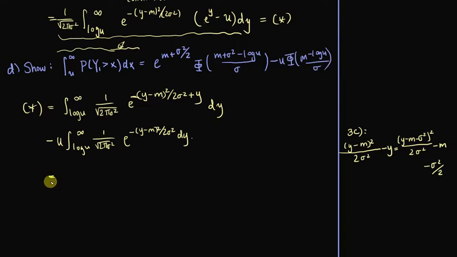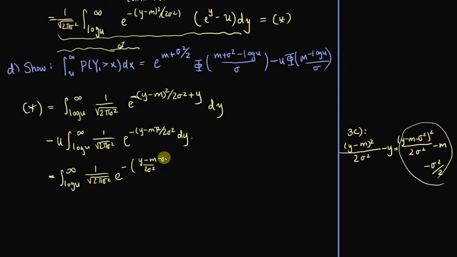Okay, so what are these two different things equal to? Well, first of all, we can notice that we can rewrite the exponent in the first integral. So in the first integral, how can we rewrite the exponent? We note that the exponent up here is just equal to minus the expression we had from 3C, so we can just plug a minus of this expression here in, and we have e to the minus y minus m divided by 2 sigma squared.